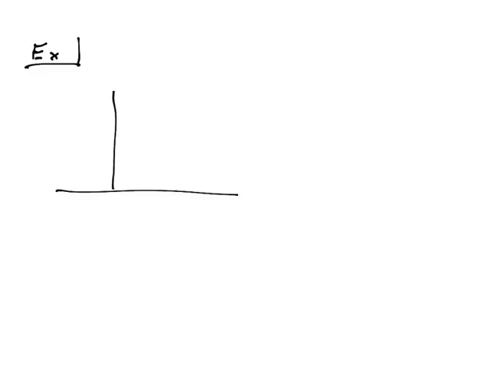let's say I've got a charge here and a charge here. I'll call this Q1 and I'll call this Q2. I'll let Q2 be 2 microcoulombs and Q1 will be 1 microcoulomb.